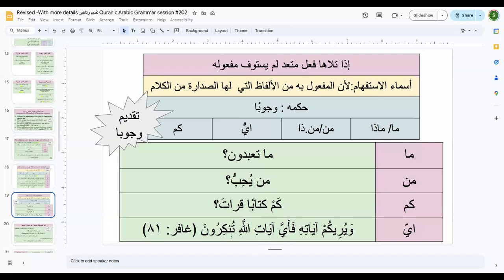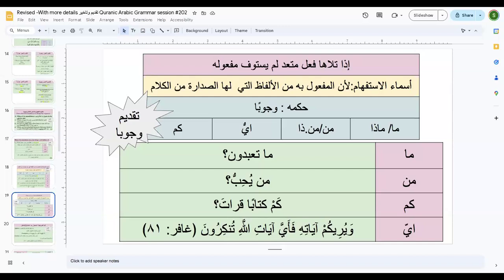Ayati Allah, another idafa, right? Tunkiruna, you all deny. Which of the signs of Allah will you deny? So this is answering your what question, right? Ayya is answering your what question. That is why it is going to be labeled as maful bihi muqaddam.